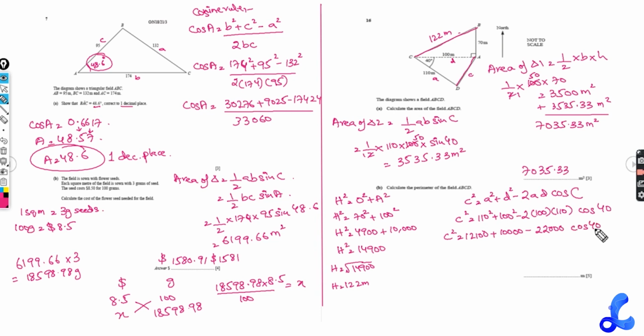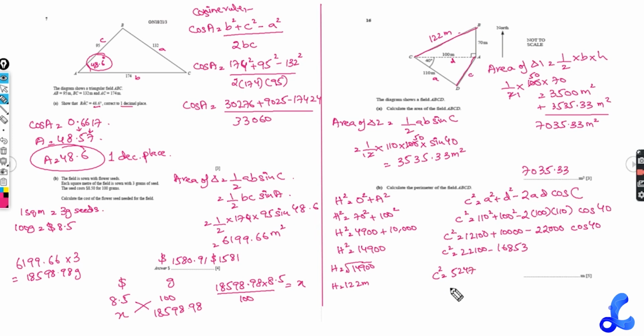Cos of 40, when you do cos of 40 multiplied by 22,000, you will get 16,853. So c square equals 22,100 minus 16,853. When you minus both of them, you get 5247.